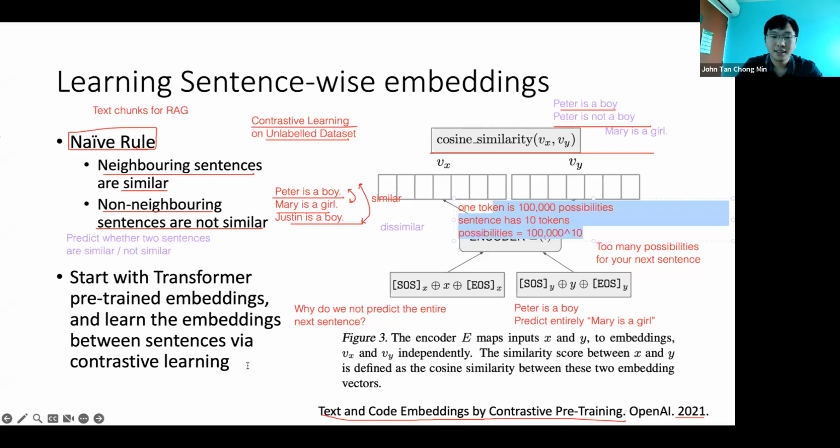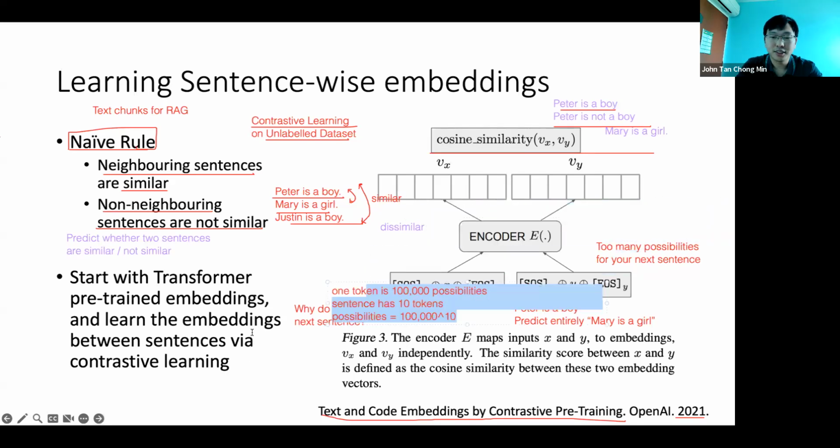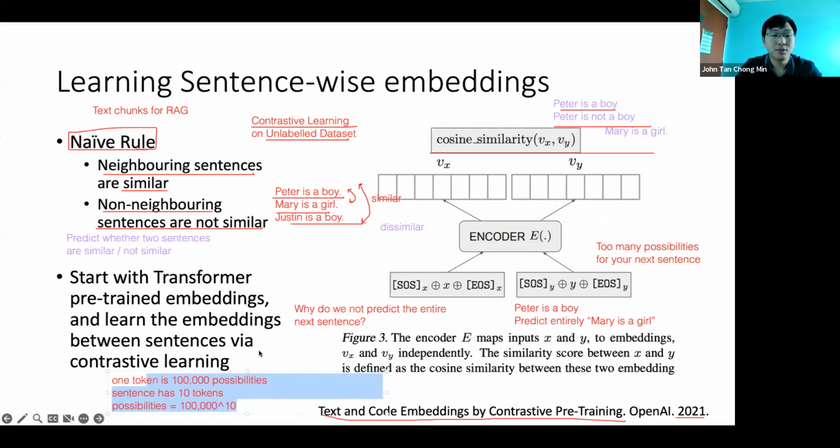That is huge. It means there's a lot of things you need to predict, and it's not possible for a probability-based prediction model to predict such an infinitely small probability. It doesn't work that way. So unfortunately, doing naive next sentence prediction is not going to be possible.